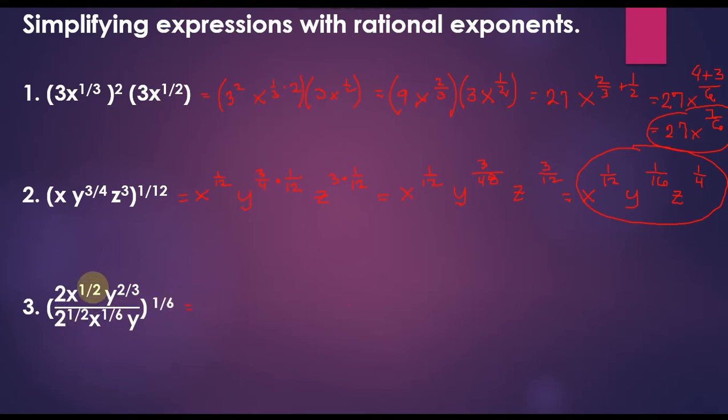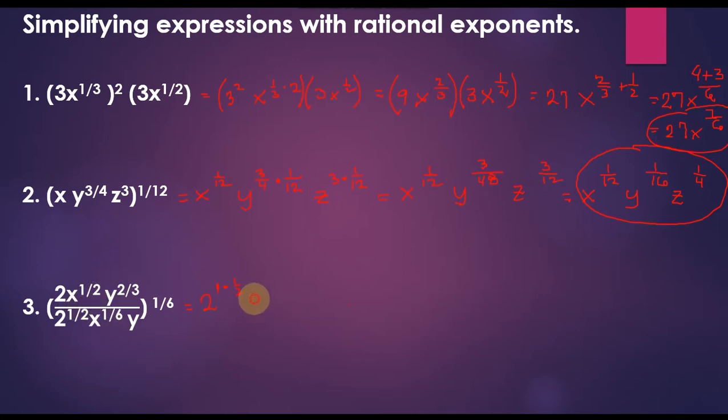Equals. So I'm going to solve first for the inside of the parenthesis. So I have here similar bases 2, x, and y. So 2, which has an exponent 1, so I'll write 1, minus the exponent in the denominator, 1/2.